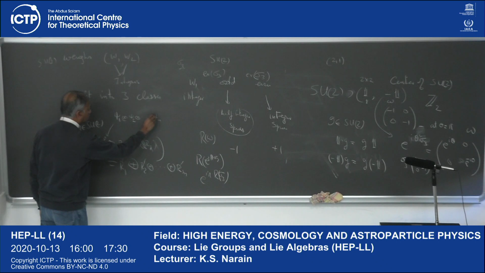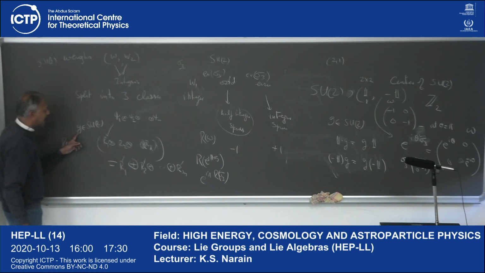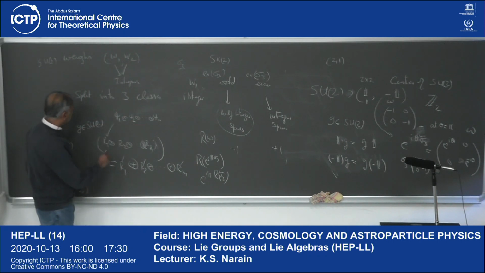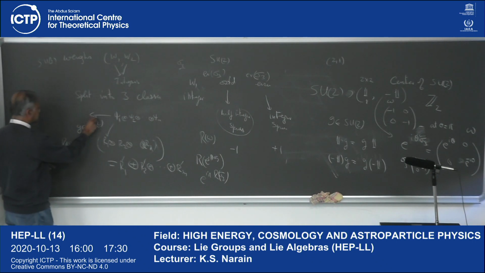So the question now is, how does G act on this state? The group element, not the Lie algebra element. The way it acts is that G is applied on each state simultaneously. So this goes under G to R1 of G psi 1 times R2 of G psi 2, etc., times Rn of G psi n.